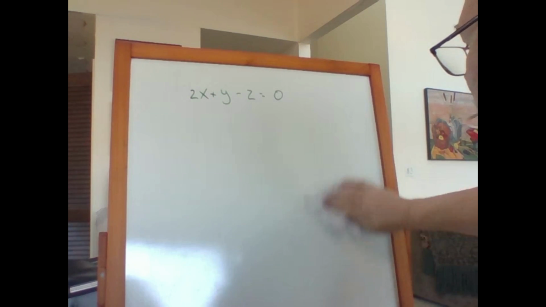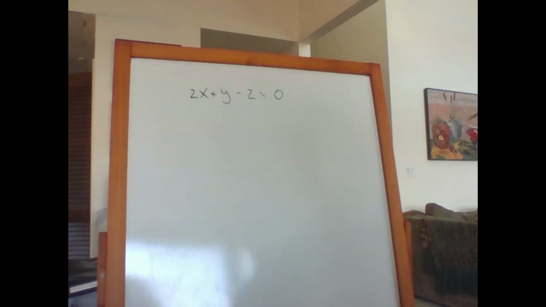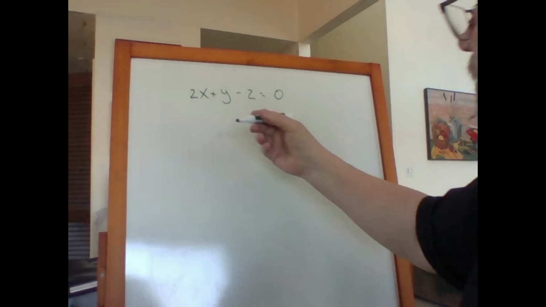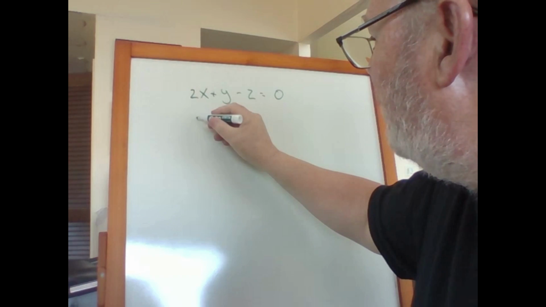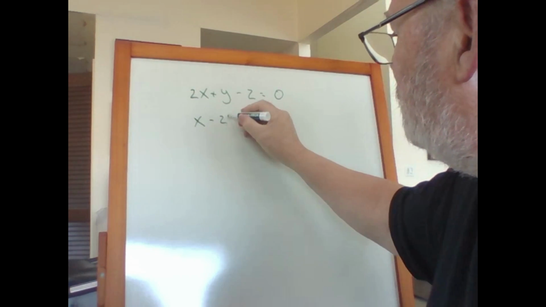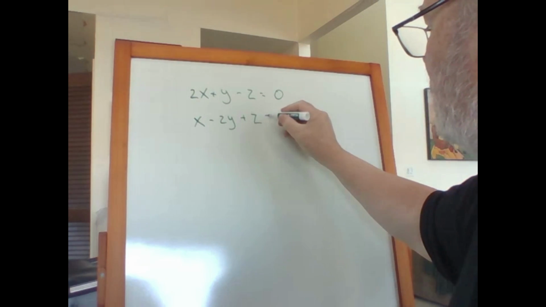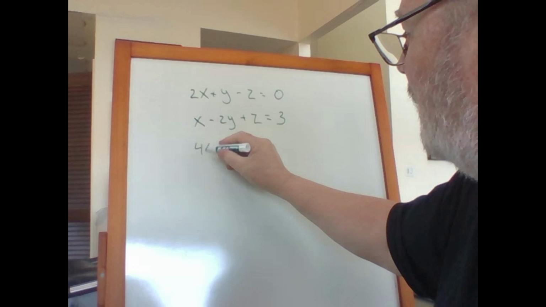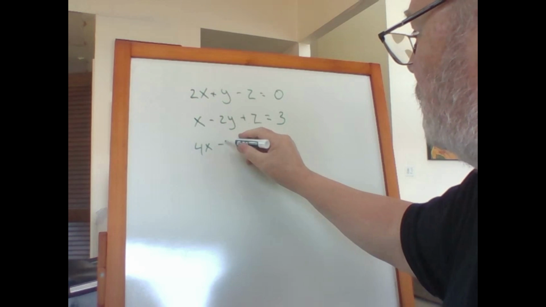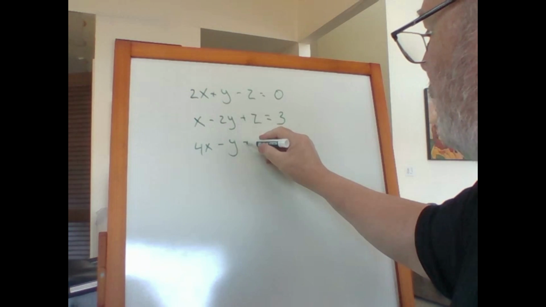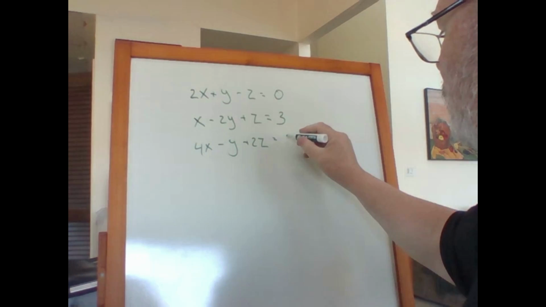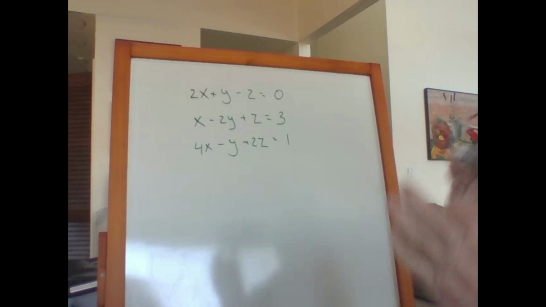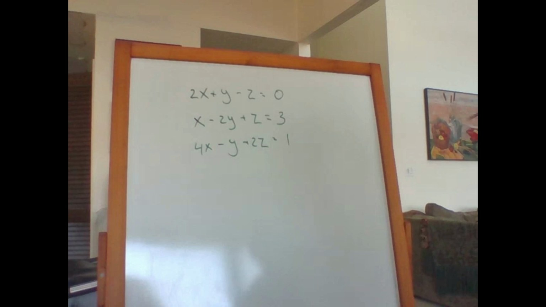And so you want to find those values at which they intersect. So let's say we have x minus 2y plus z equals 3, and 4x minus y plus 2z equals 1. Okay, how do you solve that?